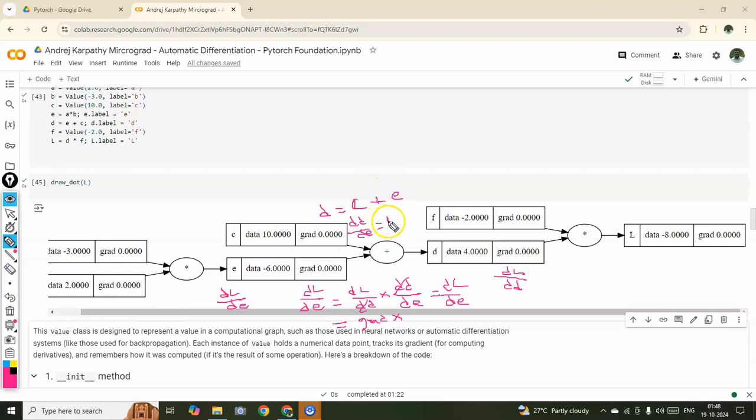So if it is addition or subtraction, we always use this sign, and the gradient simply passes here. Whatever effect we give dL/dD, the same effect also goes here; dL/dE also gives the same effect.